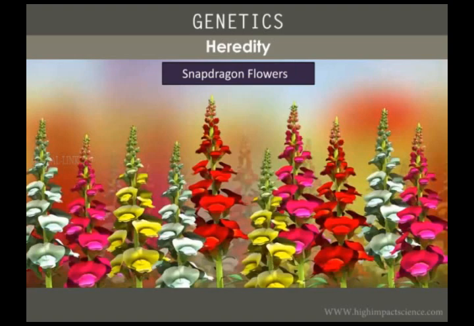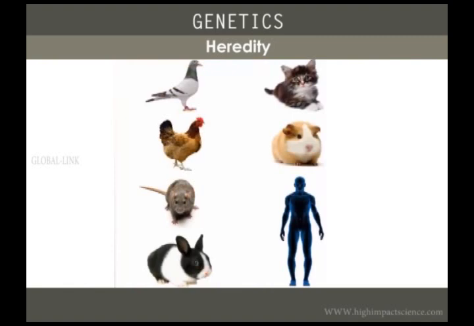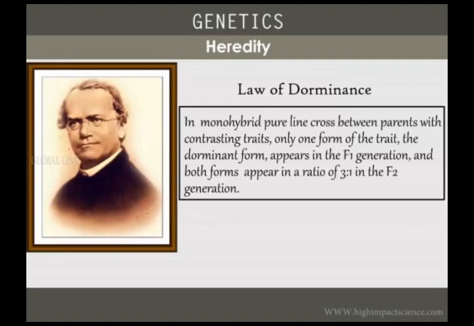Apart from plants, experiments were also conducted on birds and on several animals like mice, rabbits, cats, guinea pigs, and even humans. It was then discovered that the law of dominance did not hold true in all cases. In other words, Mendel's laws were not universal in occurrence.